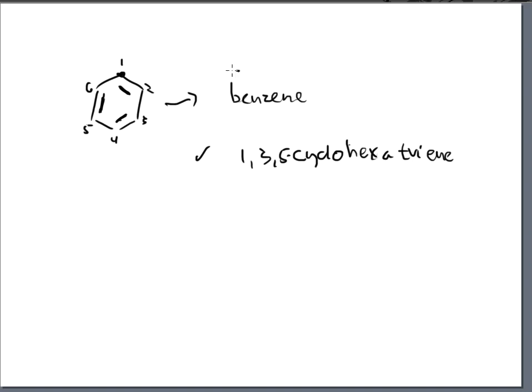And that's where the common name of benzene comes from. So what that basically means is that anytime I see this group, there's a very good chance that I'm going to refer to this group as a benzene group. I'm not going to name it as 1,3,5-cyclohexatriene. For goodness sakes, we would be here forever if we had to include those into the nomenclature of these systems.